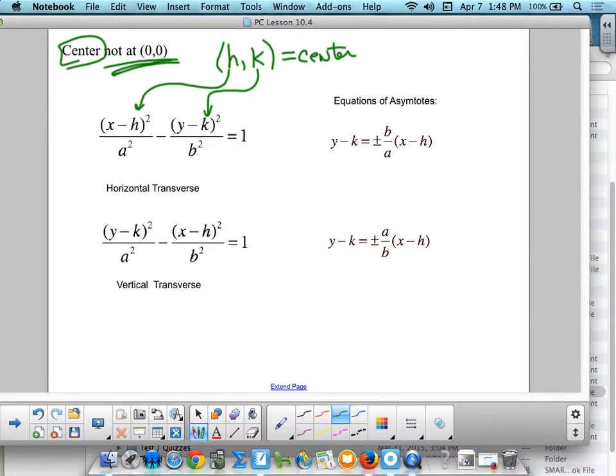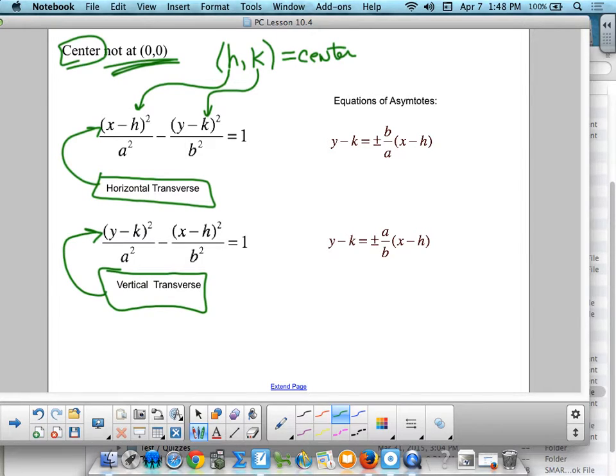Now, once again, if you have a horizontal transverse axis, X comes first. If you have a vertical transverse axis, Y comes first. That's all it is. Okay, now, I got to get you to look at this. Please look. These equations, they go with the asymptotes. Where did these equations come from?